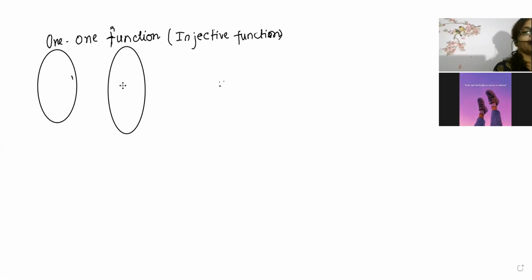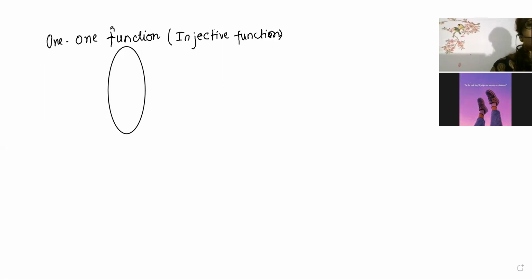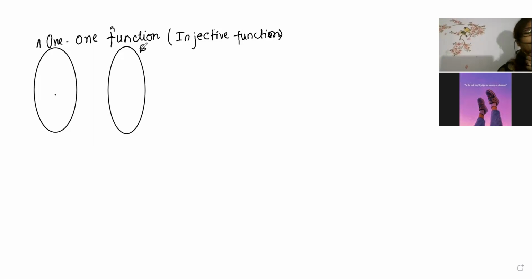Okay. That means if A and B are there, size is varying. If two sets are there, A and B, A is exactly called the domain element, B is exactly the codomain element.